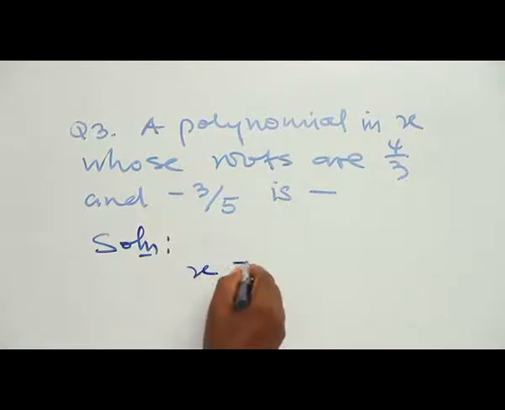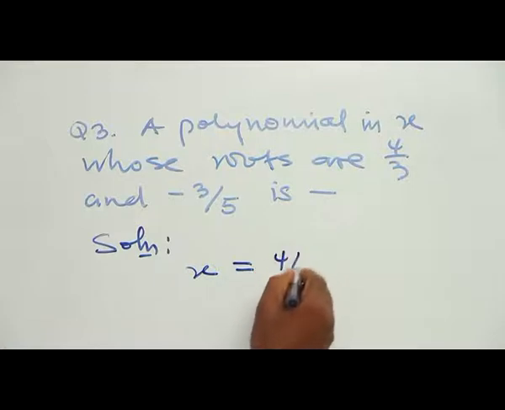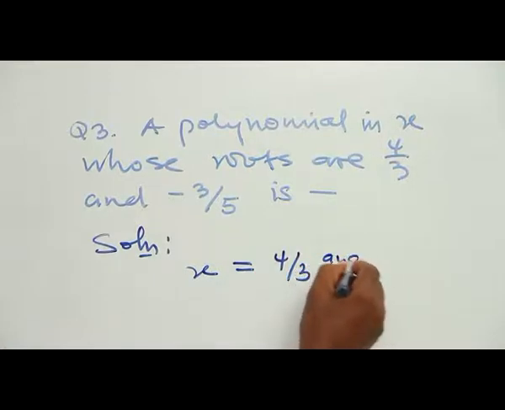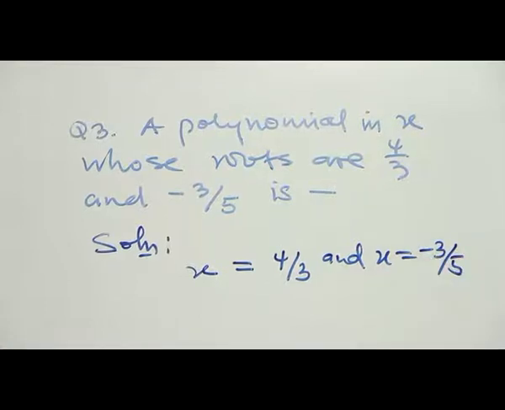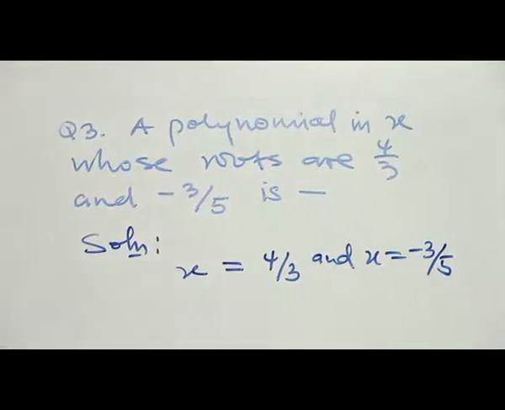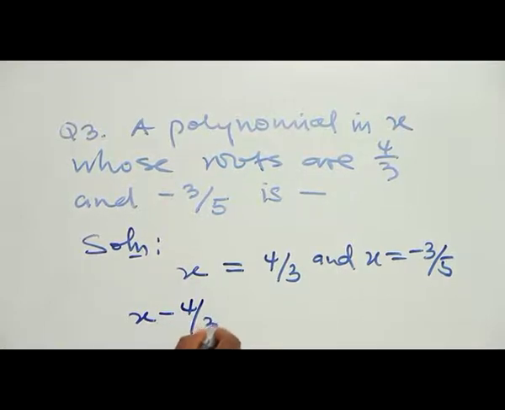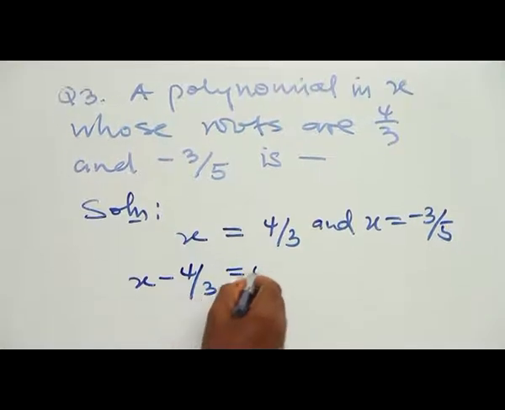So let's see, s is equal to 4 over 3, and then s is equal to minus 3 all over 5. Beautiful. Now, I want to take everything to the left hand side, which means s minus 4 all over 3 is equal to 0.